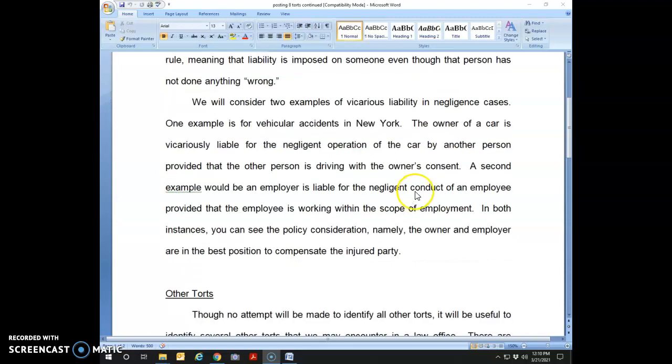That would be one example of vicarious liability. A second example, as I said, is the employer-employee situation, and you're going to have vicarious liability on the part of the employer if the employee is negligent while working within the scope of employment.